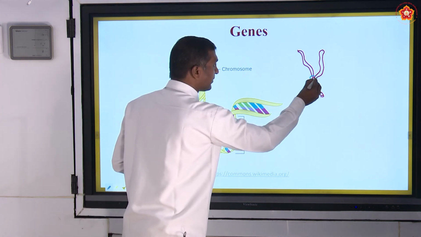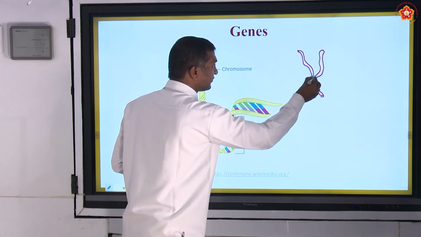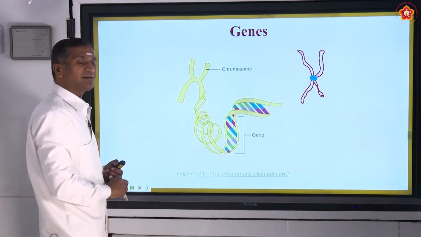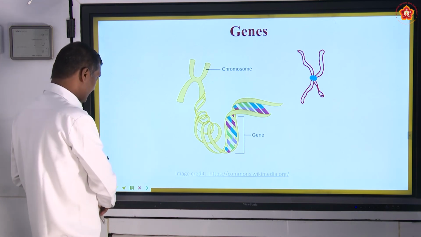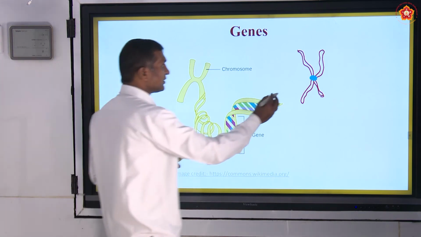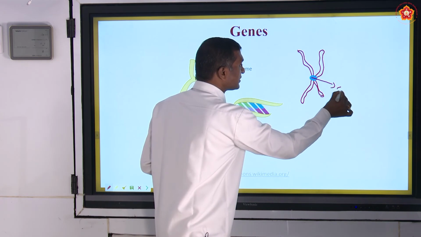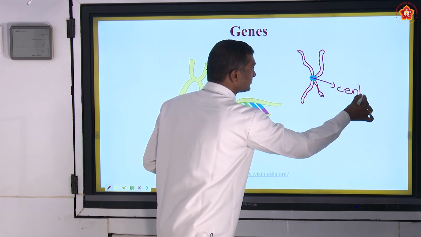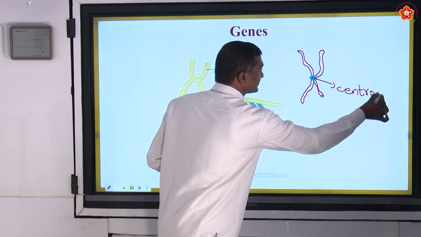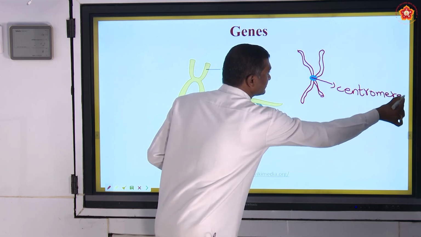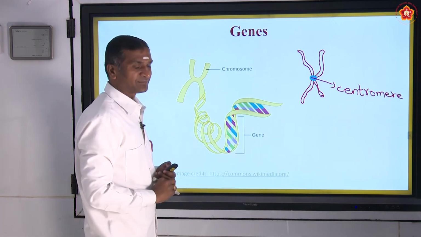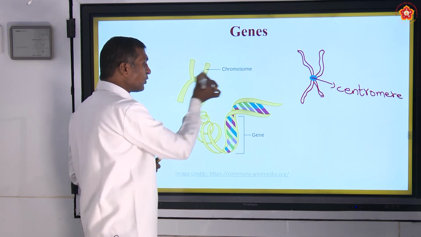The place where the two chromatids combine, we call the centromere. So, the chromosome is made up of DNA and proteins.